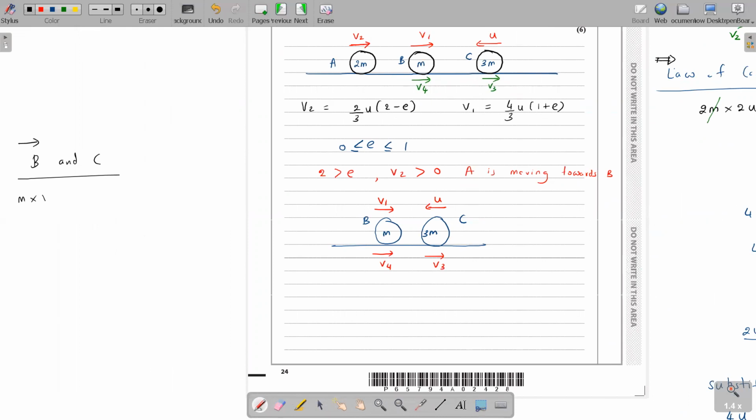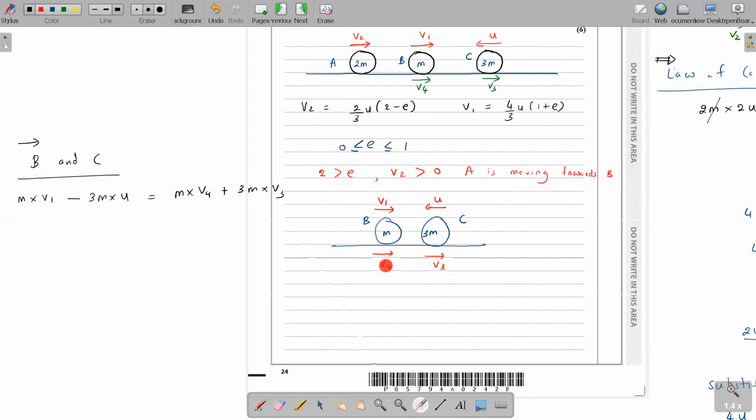Before impact, it's m into v1, then the other guy is plus, it will actually be minus, right? 3m into u. The direction is opposing, so minus 3m into u equals the other guy, m into v4, plus 3m into v3. This v3, v4 figures are completely speculated.